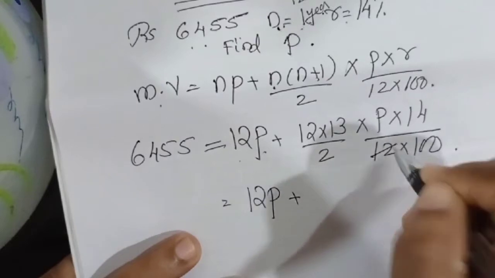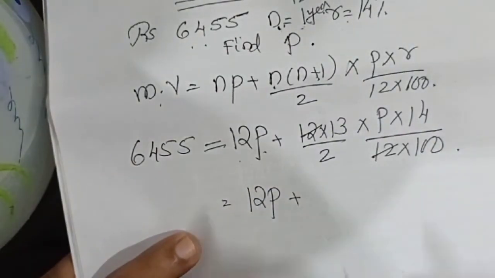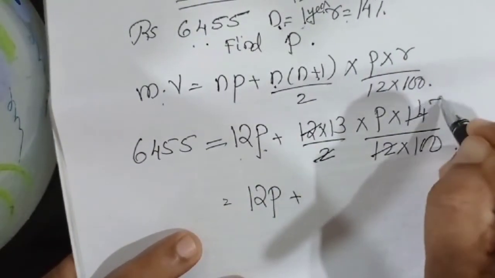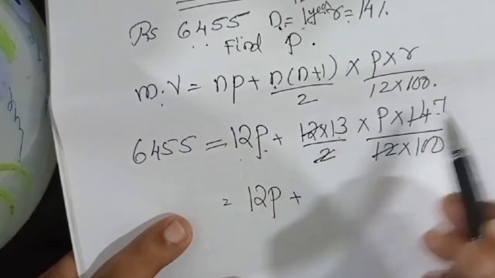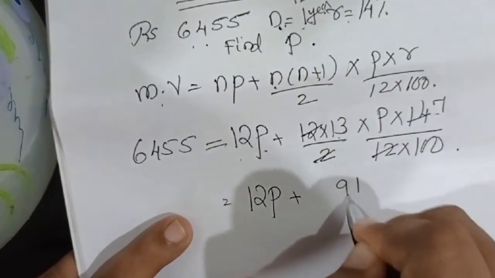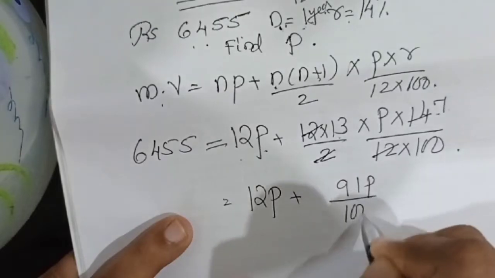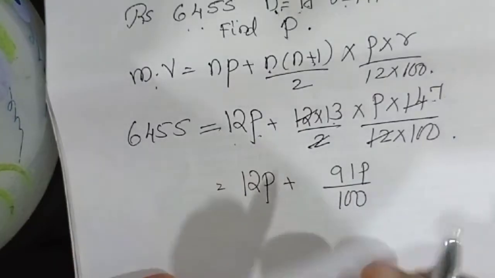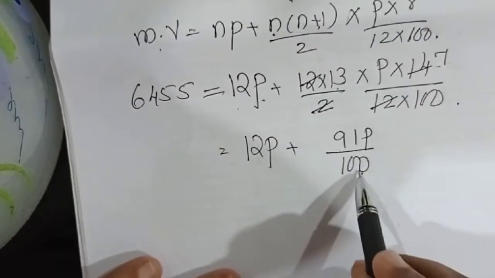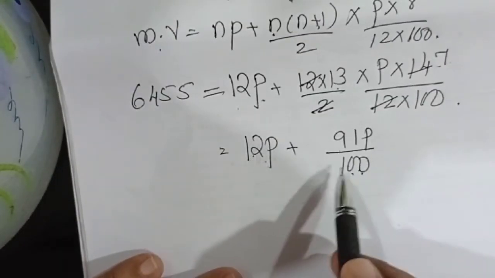Here 12P is separate, 12P there. Then look here, 12, 12 cancel, agree. 2, 14 cancel 7. What is 13 into 7? 7 3s are 21, 91P by 100. Okay? And do not write the decimal form, 91 by 100. Now take the LCM here. How can you take the LCM?